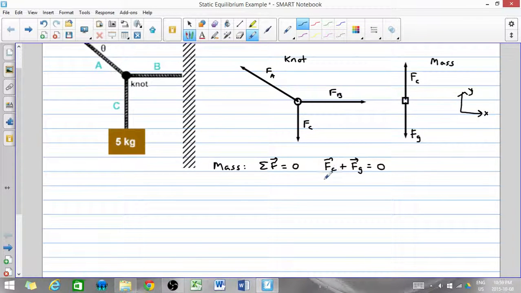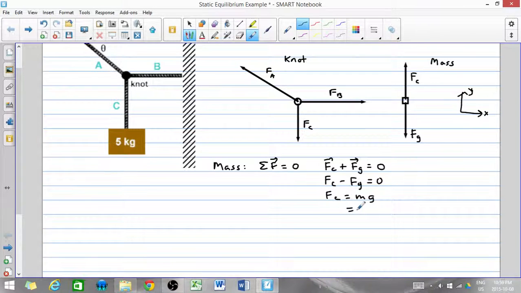So that means that force C is positive, force of gravity is negative, because it acts down. And in this simple equation, they must be equal to each other. So FC is equal to the force of gravity, and that, of course, is m times g.